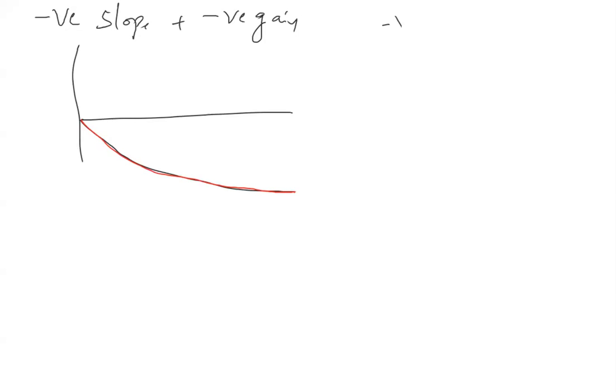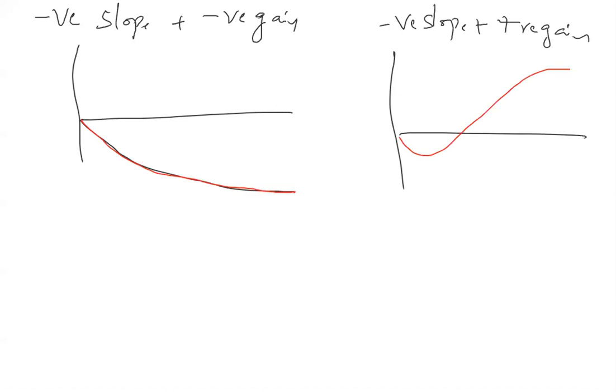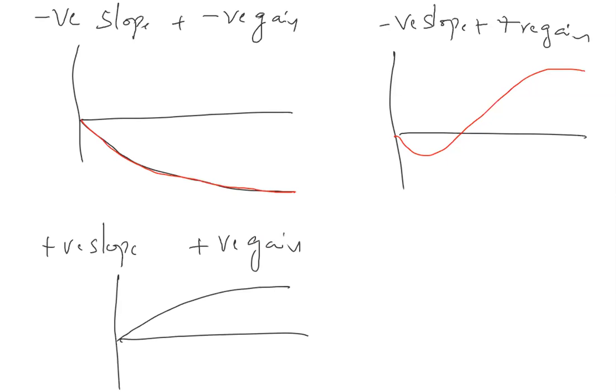Suppose negative slope plus positive gain, that is what we have done now: initially it decreases and then increases. Positive slope, negative gain: this is how the response looks.